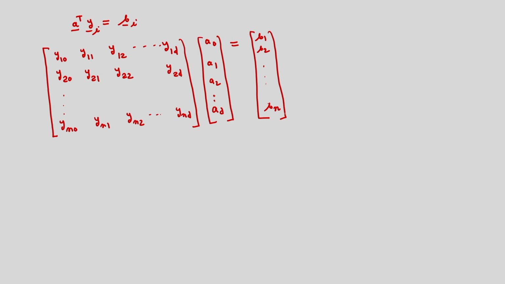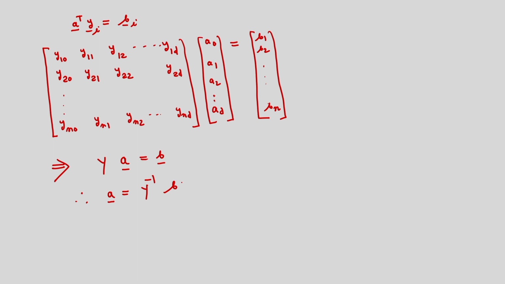So in a matrix form I can write like this. In this case there are n simultaneous equations, which can be written like this: Ya is equal to b. So how to determine a? Because we have to determine the weight vector a. That is nothing but Y inverse b.